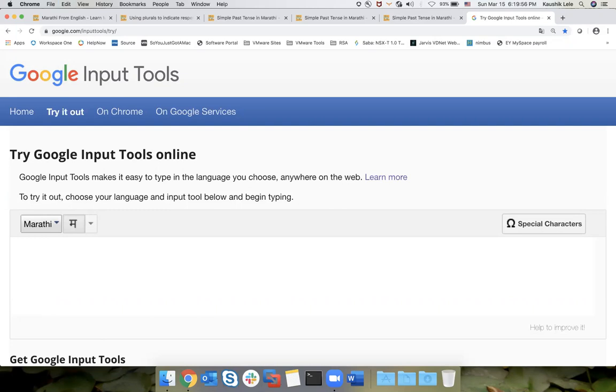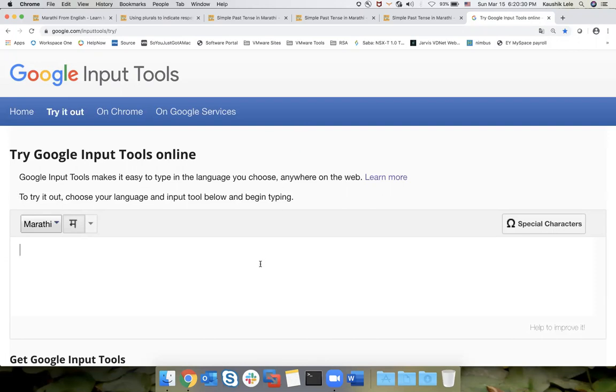I have a question. How do you add the gender to the English words? How do you decide? Yeah, that's quite arbitrary. Not arbitrary, but ad hoc, not a very fixed rule as such. It may be based on what the similar concept in Marathi is called, whether it is fixed as masculine or feminine.